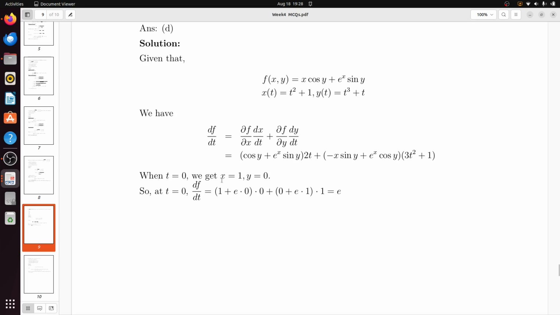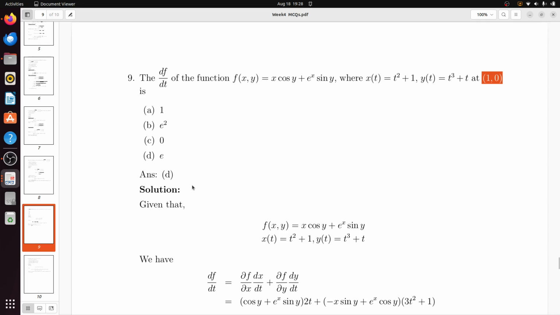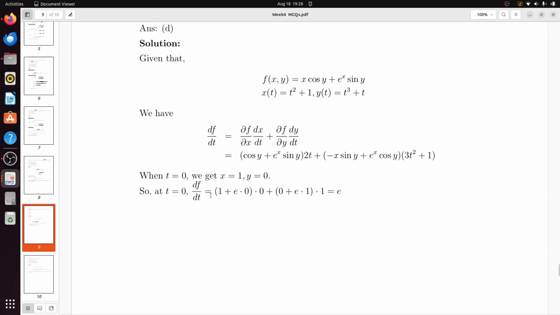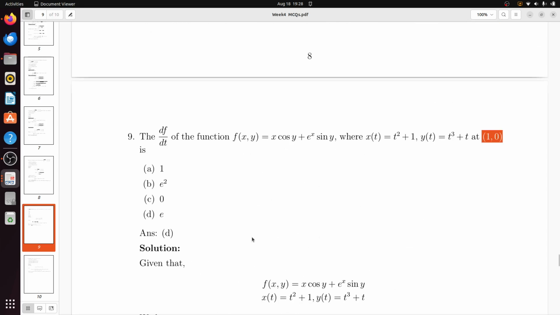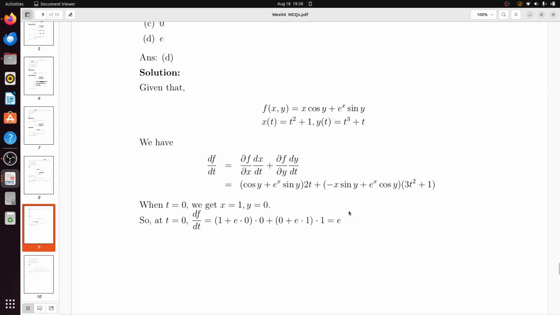So when t equal to 0, we get x equals 1 and y equals 0. So at t equals 0, df/dt equal to 1 plus e to the power 0, so this is 1, 2t is equal to 0 here, plus, so that ultimately will give you e.